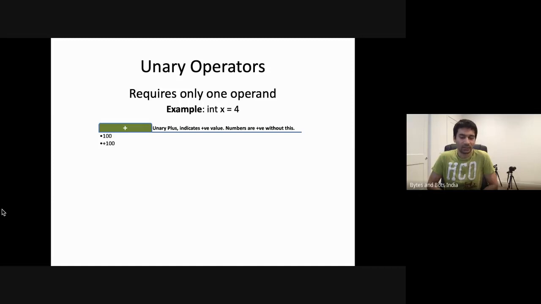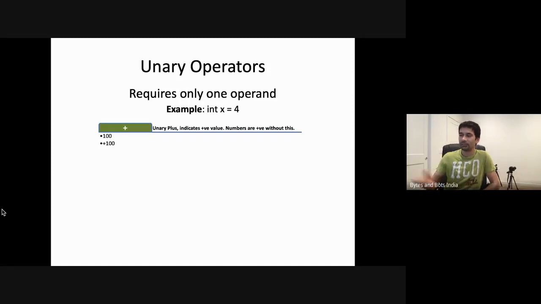In the previous examples, we required two operands, x and y, two numbers that we can add, subtract, divide, or apply whatever operation to. These ones are special operators provided by Java which require only one operand.